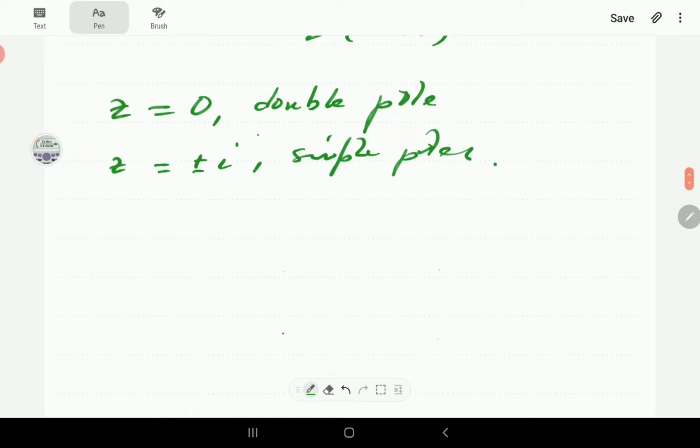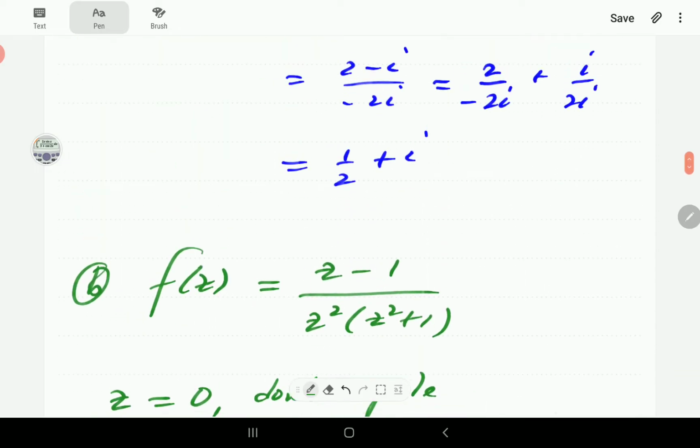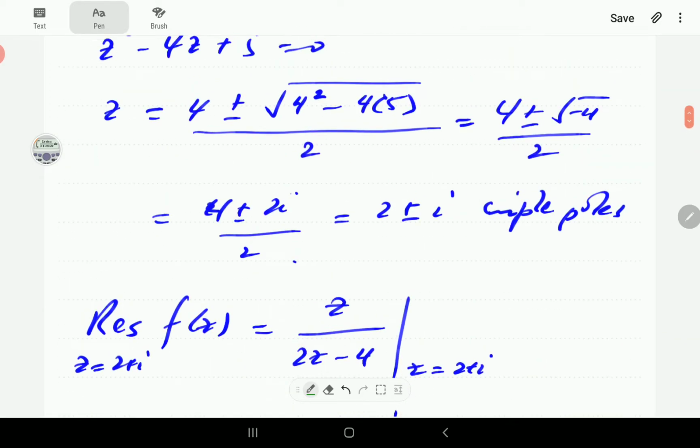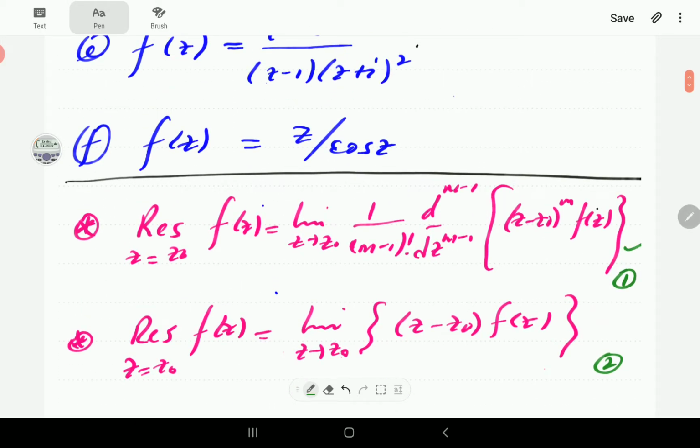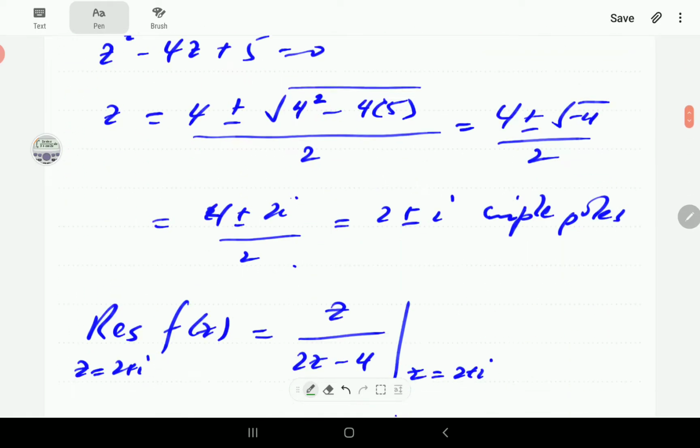So if we start with z equals 0, the residue of f of z at z equals 0. Since this one is a double pole, we're going to be using this first formula here. m is going to be replaced by 2.